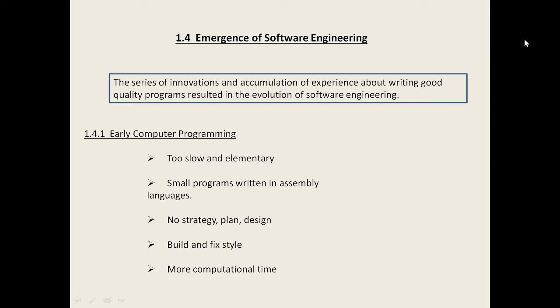Before the development of all the programming languages that are available today, in those days, in early computer programming, they used only assembly languages, and assembly language programs are all too small programs, executed too slow, and they are very small in size and lacked sophistication.